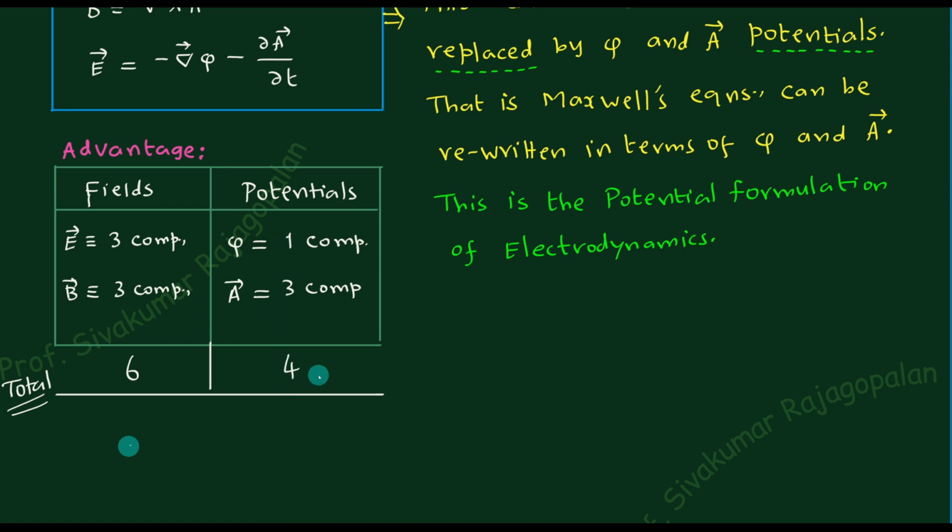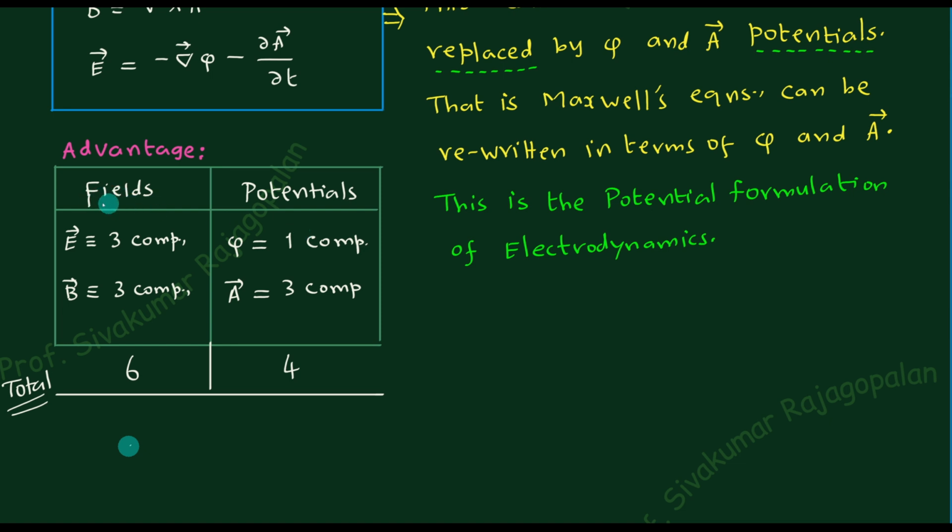The second advantage is that, in addition to this reduction in the number of components, we also have the freedom in fixing the potential. So there are two advantages. One is that the number of components you deal with is less than what you have with the fields. The second advantage is that potentials admit freedom. We have been discussing that in the gauge transformation, so you have some freedom that you can exercise.